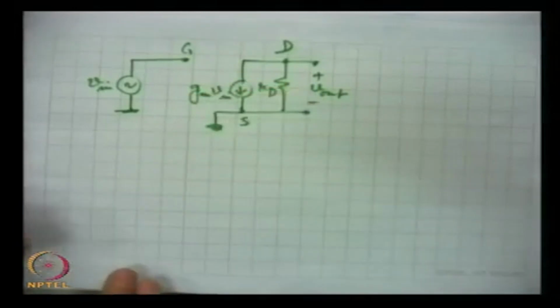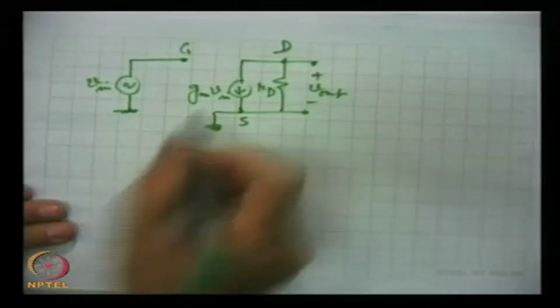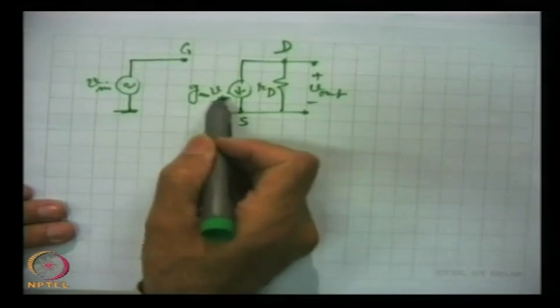This is the model which we are going to use, and remember the current source is GM into V in.